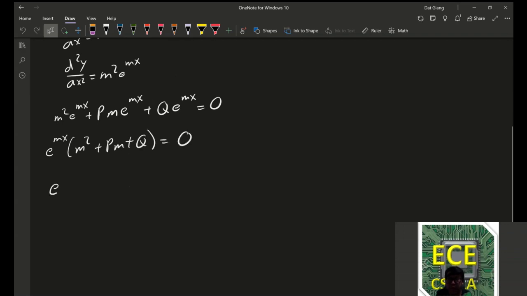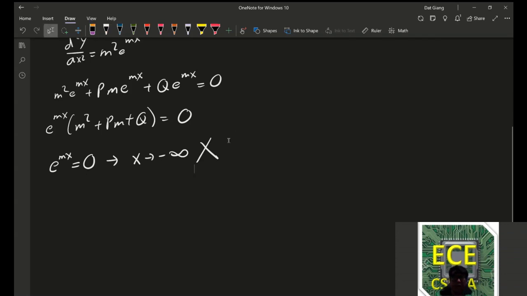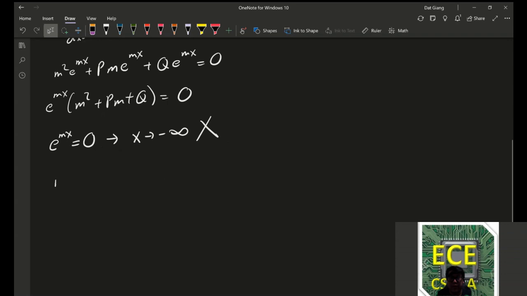Now, e to the mx being equal to 0 is only true for when x is negative infinity. But in a physical system, we can't have negative time, or rather, it's not really feasible to have negative time. So as such, we consider this a trivial solution, which allows us to focus on the following: m squared plus pm plus q equals 0.